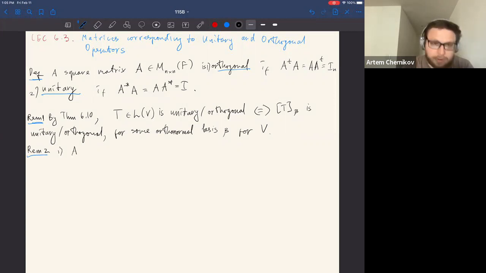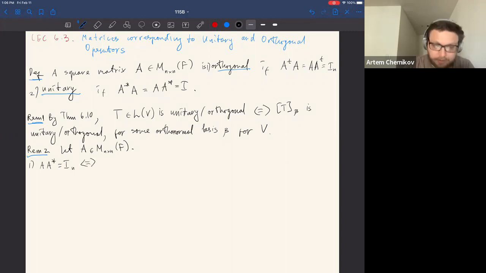So first of all, assume A is a square matrix. Okay, so let's say A belongs to M n by n over F for some field of scalars F. Then the first observation is that the product A times A star is equal to the identity matrix.